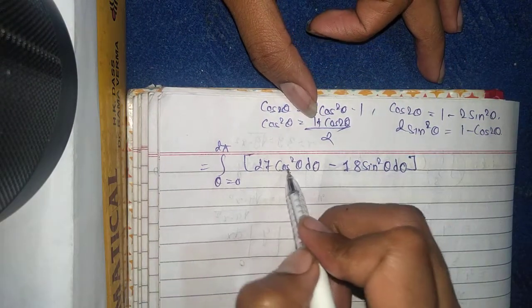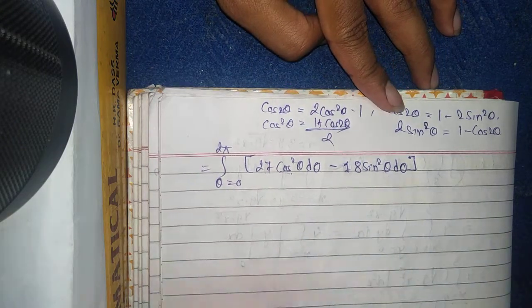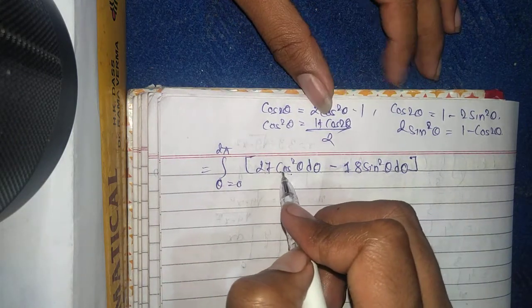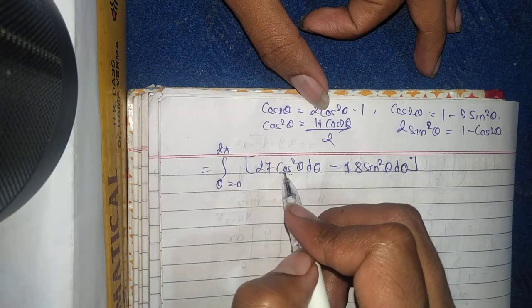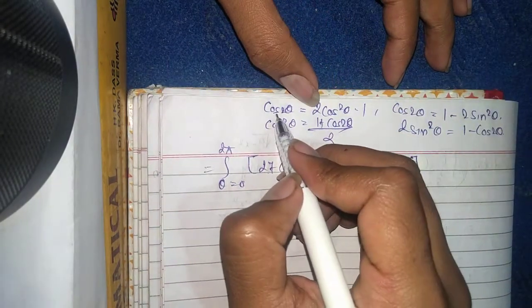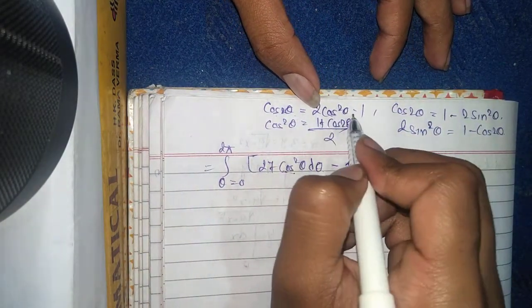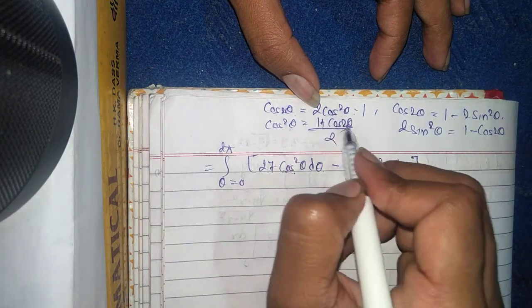We have 27 cos squared theta d theta minus 18 sin squared theta d theta. From the double angle formula, cos 2 theta equals 2 cos squared theta minus 1. So cos squared theta can be changed to (1 plus cos 2 theta) upon 2.